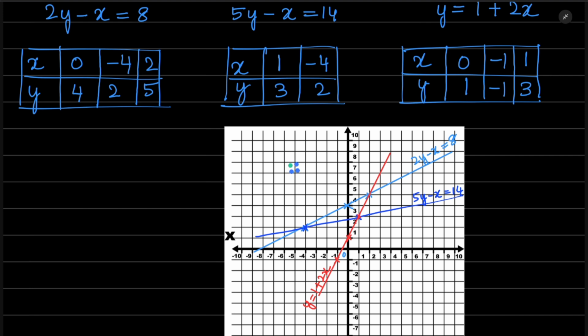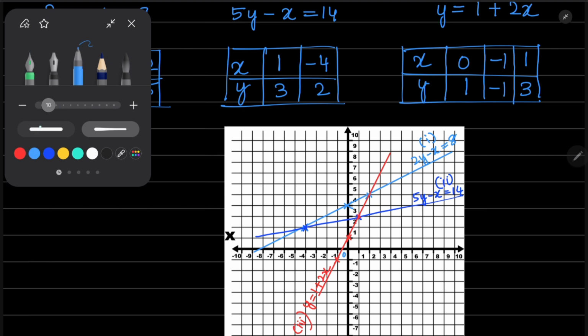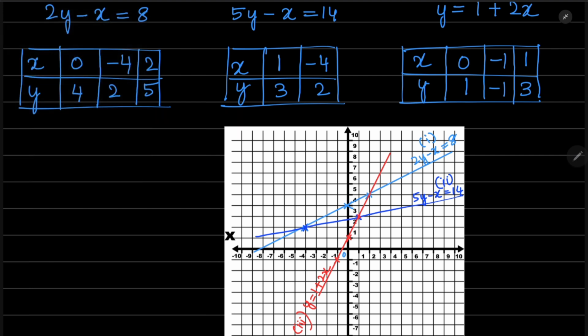So which is the first line here? This is your second line, right? This is your second line. This is your first line. And this is your third line. Where do the first two lines intersect? The first and the second line. Where is your first line? This one, right?